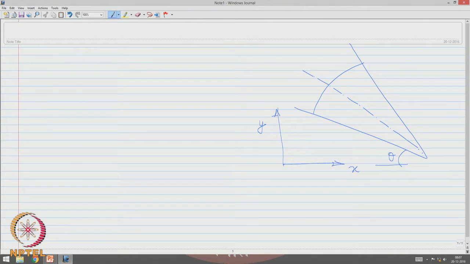Let us say we have an elemental strip which is at an angle theta and strip angle about d theta.